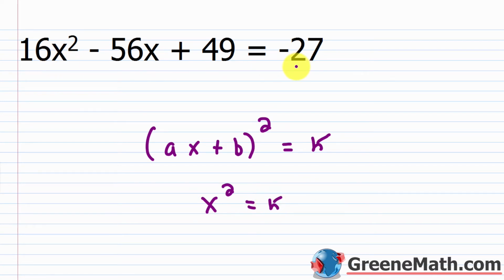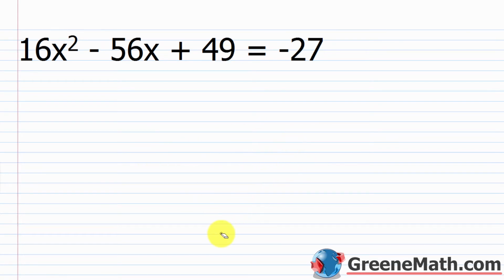So essentially what I want to think about is the fact that the left side of this guy is a perfect square trinomial. When we have a perfect square trinomial, we can factor it into a binomial squared, okay? So think about the fact that you could factor the left side here into 4x minus 7, that quantity squared, okay?